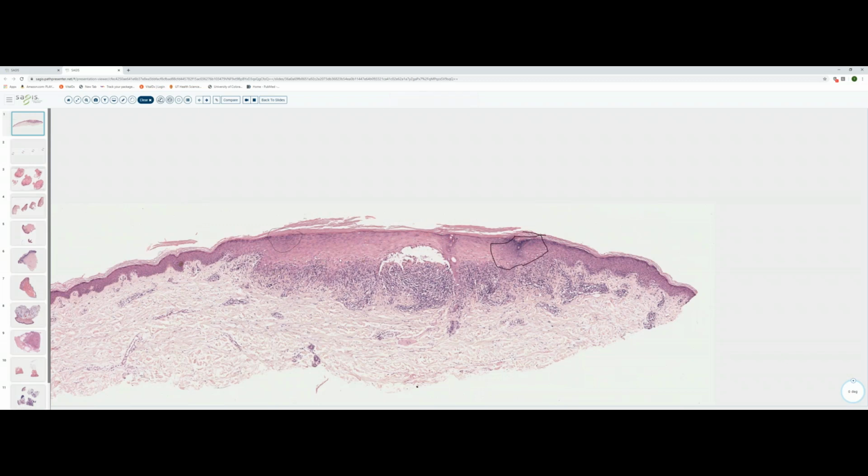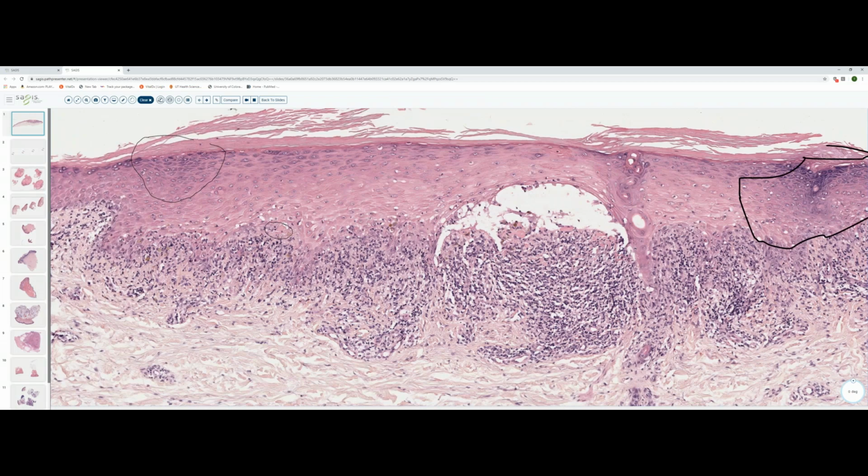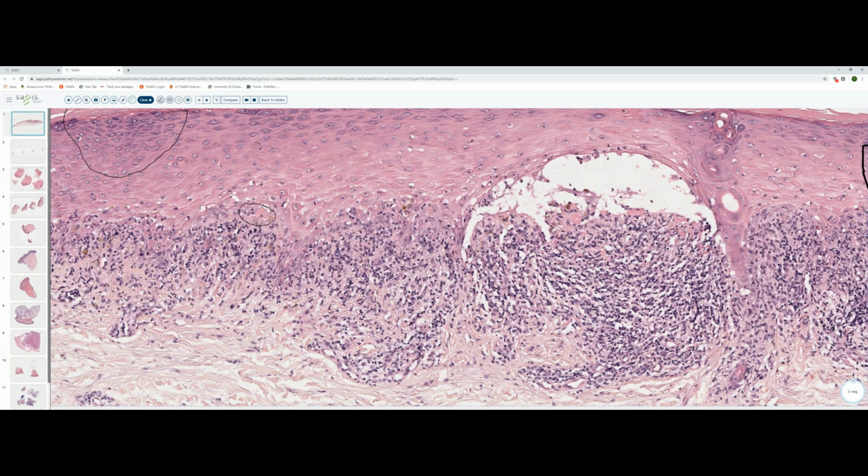The inflammatory infiltrate usually has lymphocytes, plasma cells, and if you're lucky, maybe an occasional eosinophil. At times you'll see clusters of necrotic keratinocytes along the dermal epidermal junction.